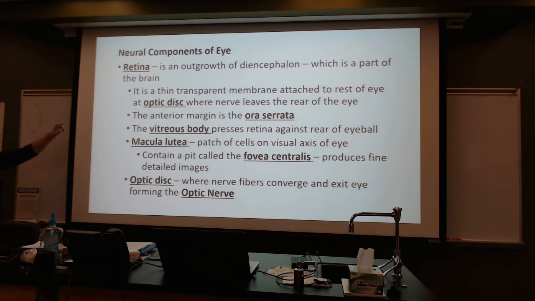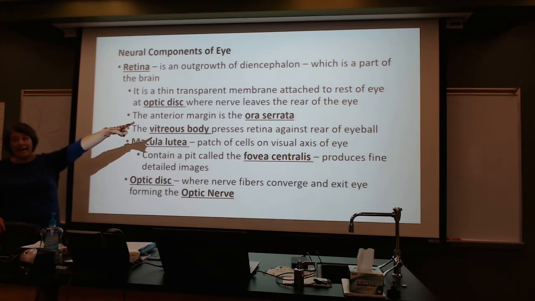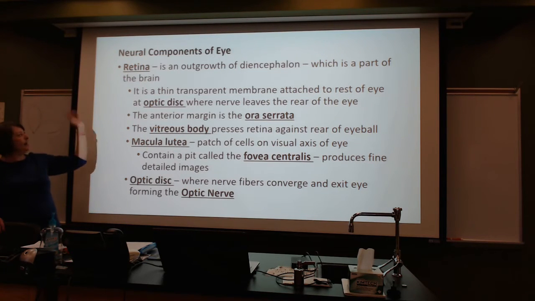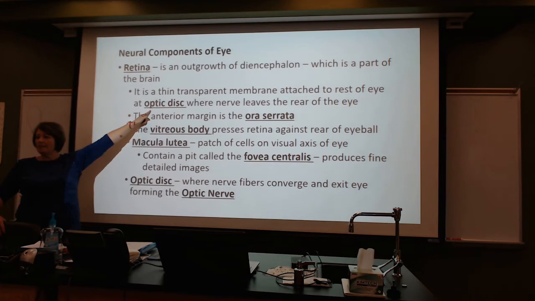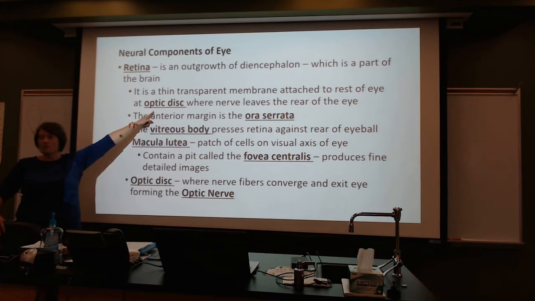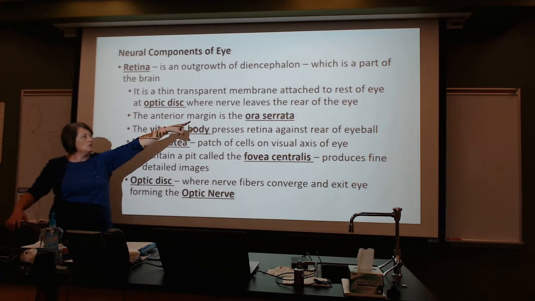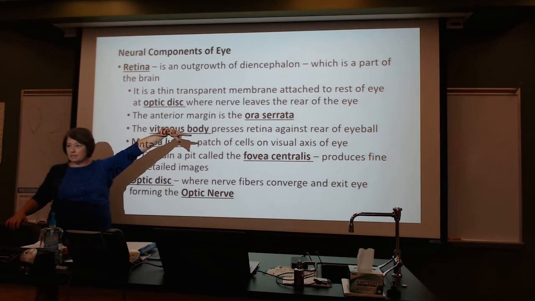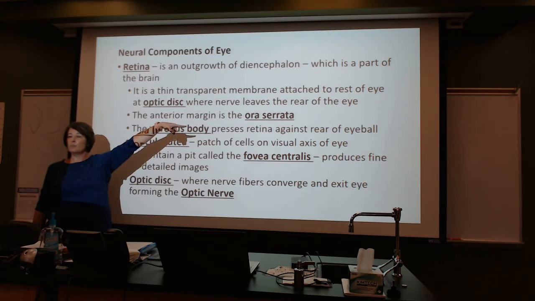The retina is a thin, transparent membrane. It's attached to the eye at an area called the optic disc. This is where the nerve leaves the rear of the eye.